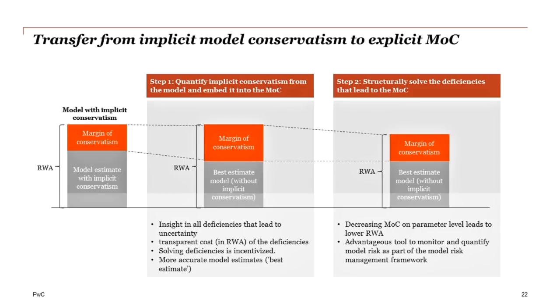Even if this is not the case, explicit MOC provides better insight into the true source and the true cost of deficiencies. This will in return provide an incentive to solve deficiencies over time, resulting in a gradual decrease in MOC and a reduction of risk-weighted assets as a result.